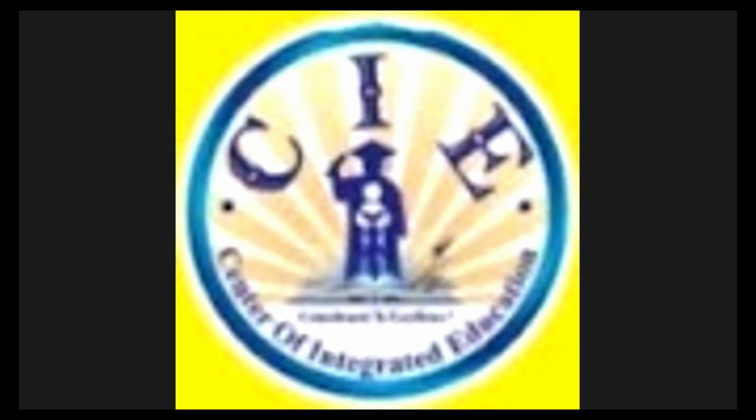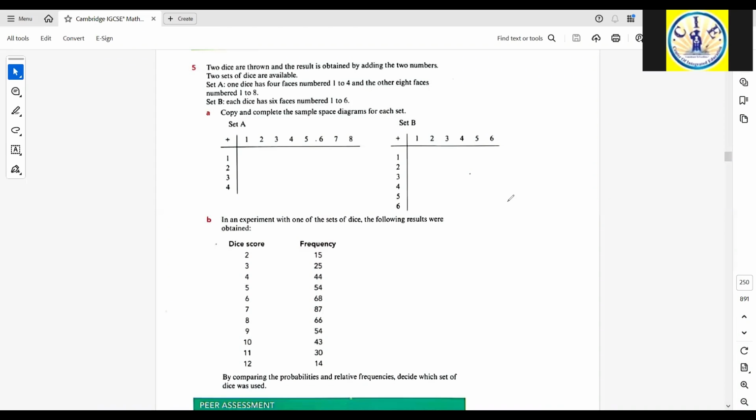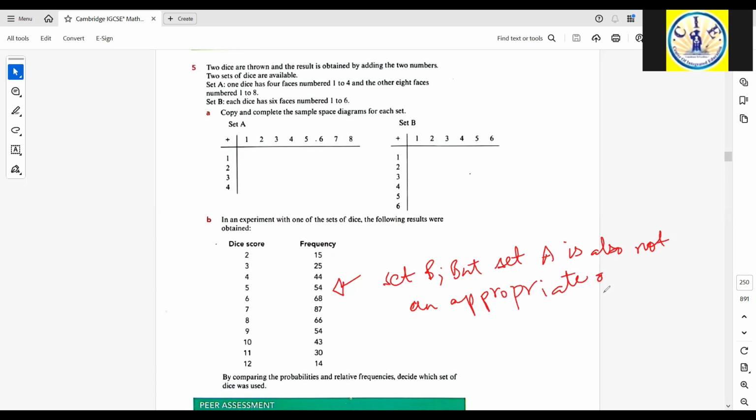So we were saying that this frequency table resembles, or is closer to, set B, but set A is also not an inappropriate option.